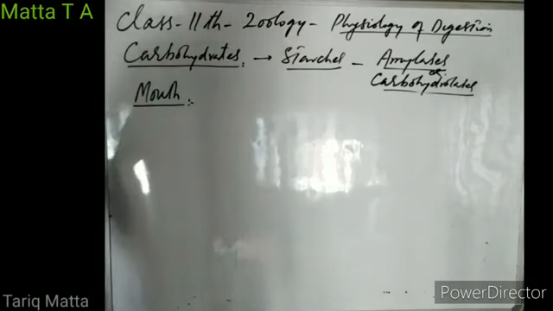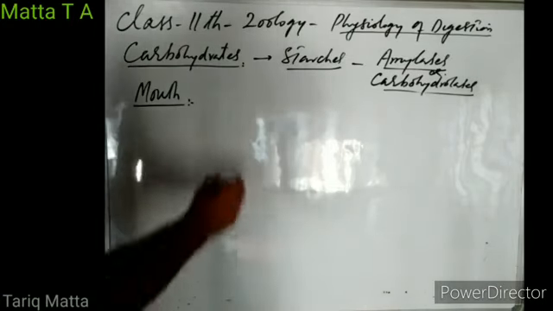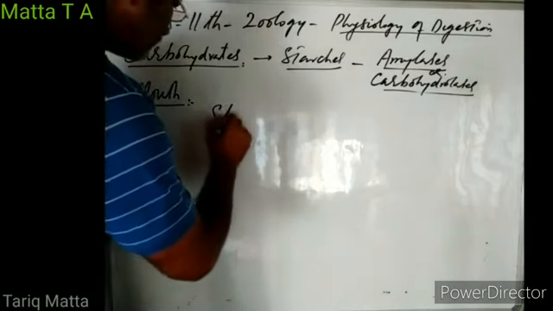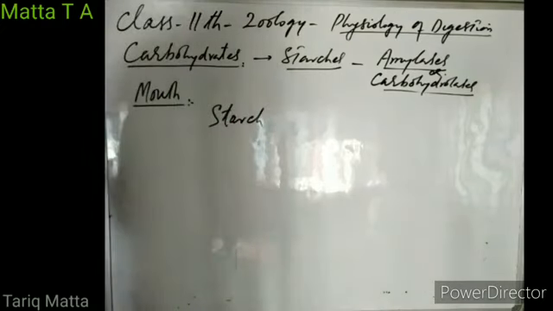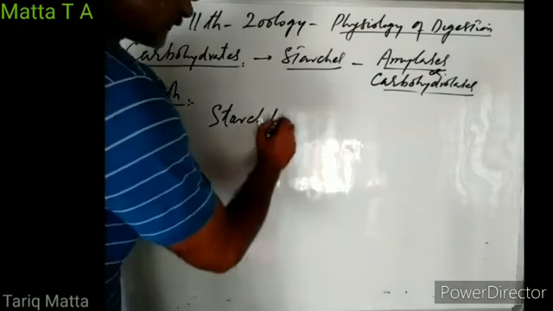When we ingest the food into our mouth, this food contains some starch. Starch may be in the form of plant starch or it can be in the form of animal starch that is known as glycogen, right?